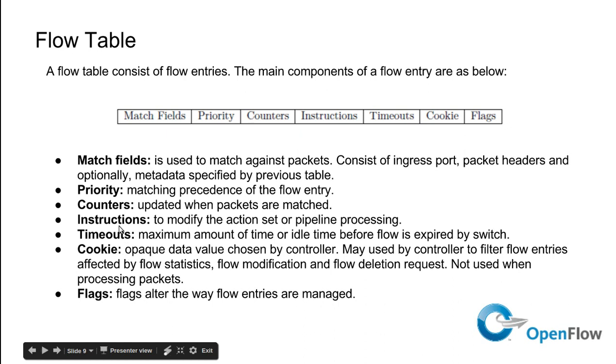We have the instructions, which are basically the actions to modify the action set or pipeline processing, and we have timeouts, the maximum amount of time or idle time before the flow is expired by the switch, and we have the cookies, which are opaque data values chosen by the controller, and they might be used by the controller to filter flow entries affected by flow statistics.